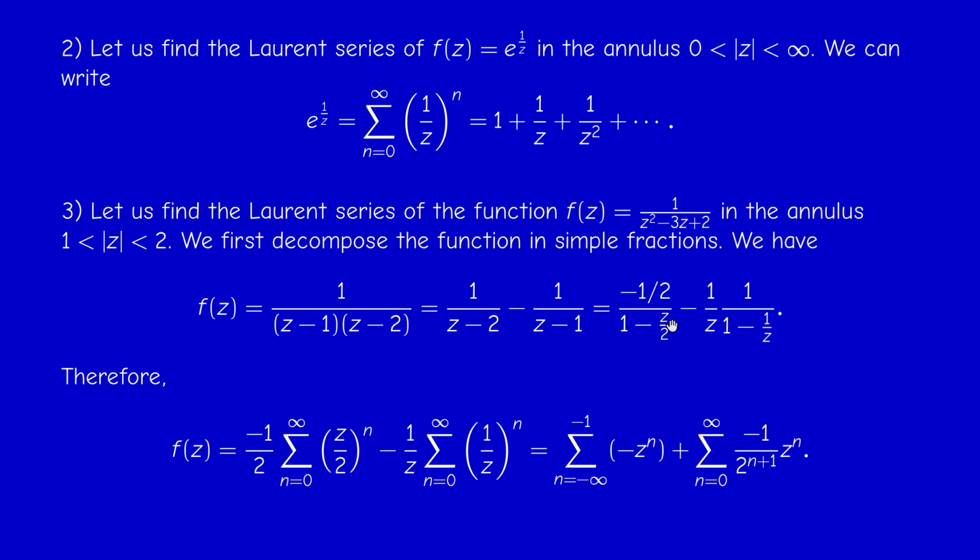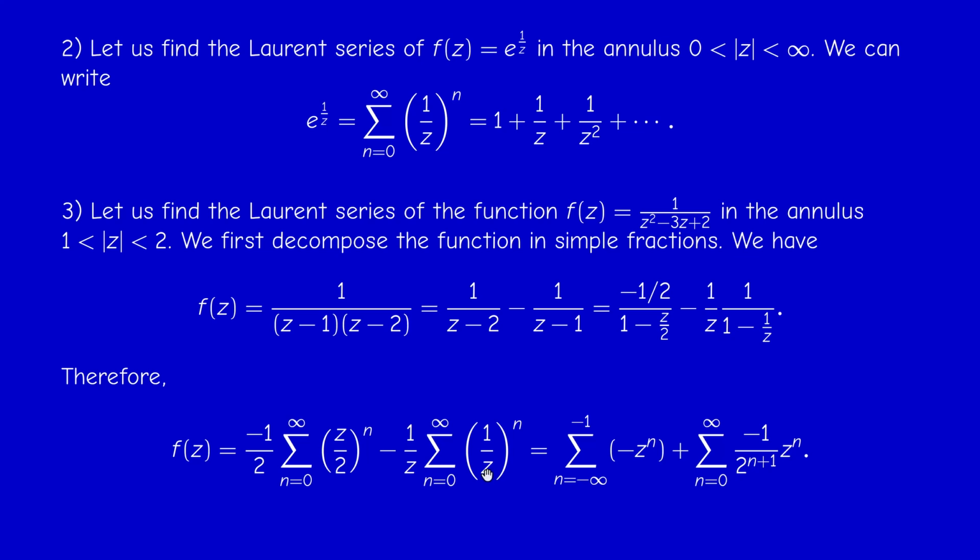I expand, so this is something of the form 1 over 1 minus q, q less than 1 in modulus, so I expand it in a geometric series. I do the same thing for the second one, but the ratio here is 1 over z. So the second series gives me the singular part, because I can start from 1 here.